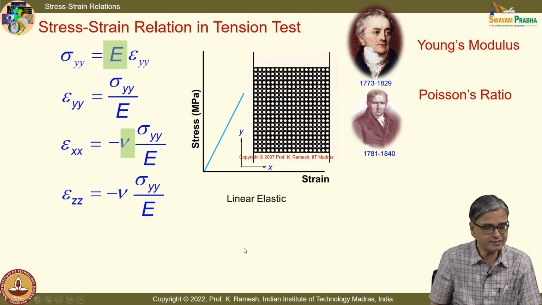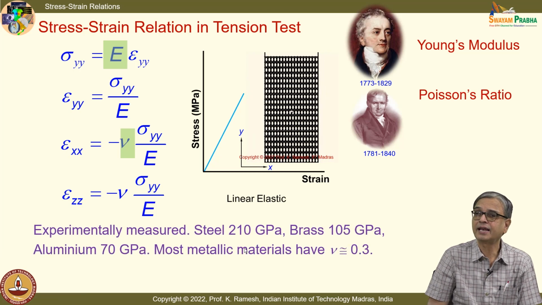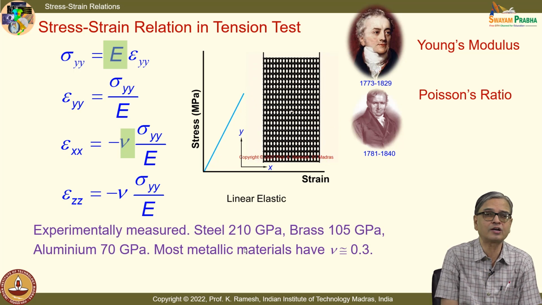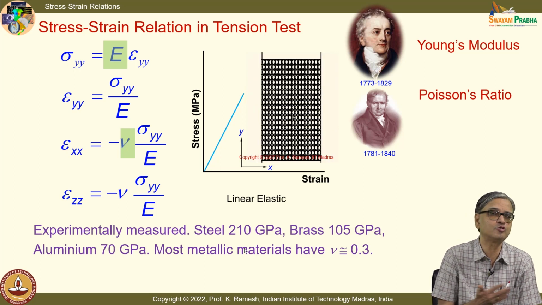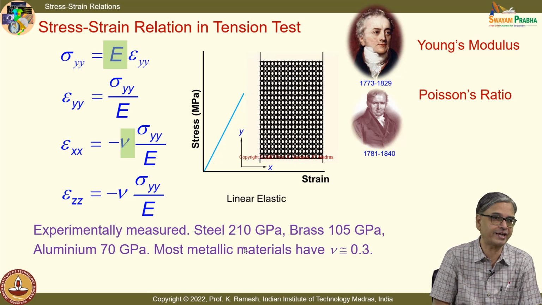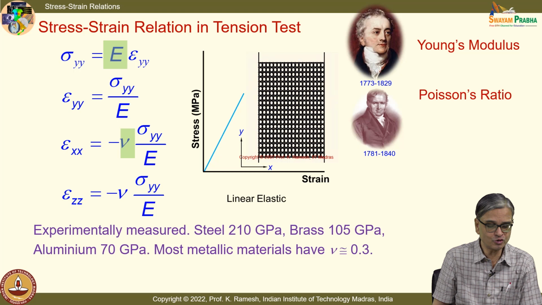And when you have this Young's modulus, you should also know the relative numbers. Please write down this. Young's modulus is always quoted in GPa, gigapascal, and your stress is usually quoted in megapascals, and strain as microstrain. You should know the relative values for different materials.